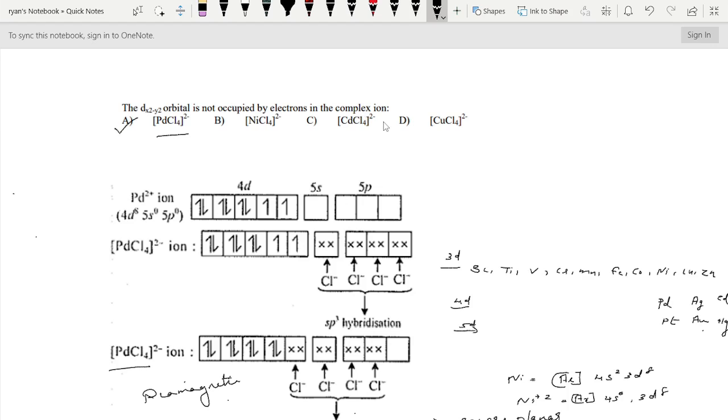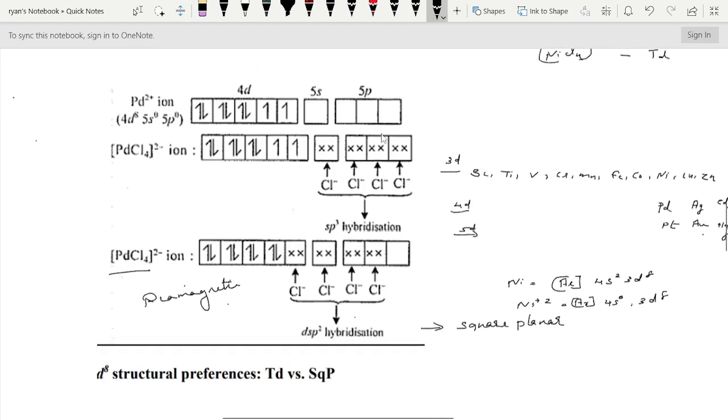NiCl4 2- is also a d8 configuration, but has 2 unpaired electrons, indicating tetrahedral geometry.